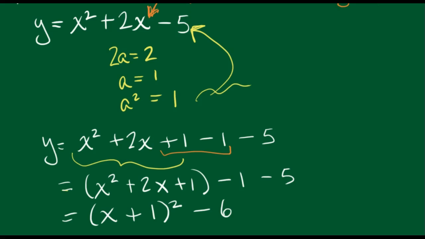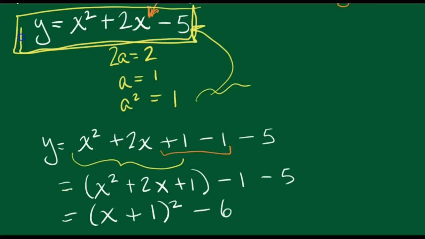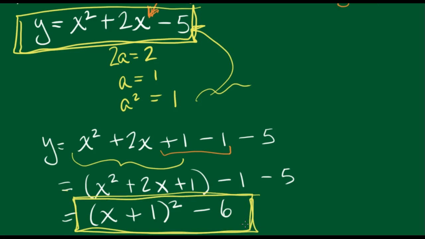And what I'm telling you here is that this equation and this equation are the same. I think it would be a fine idea to check this in your calculator or in Desmos and see that they are the same.